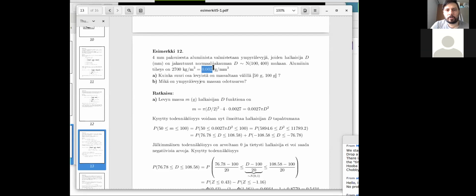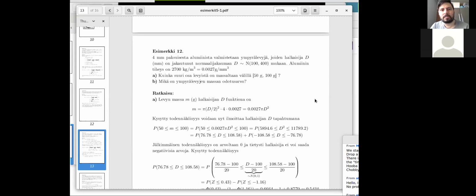So per cubic millimeter, that's a 1/10⁹ multiplier: 1, 2, 3, 4, 5, 6, 7, 8, 9, because it's grams.